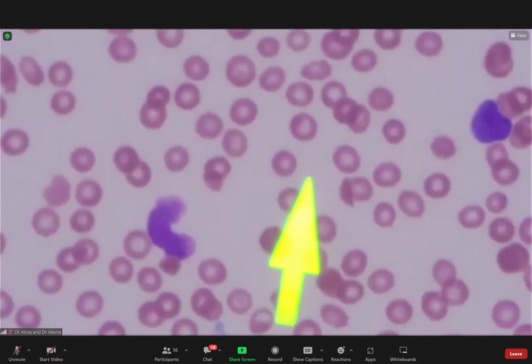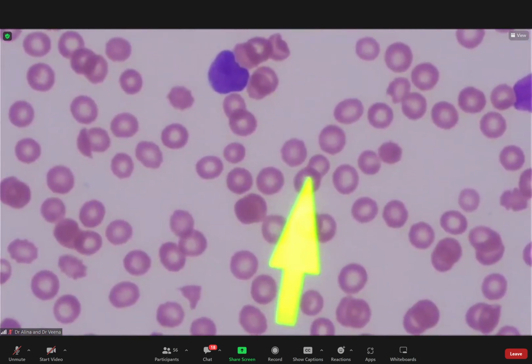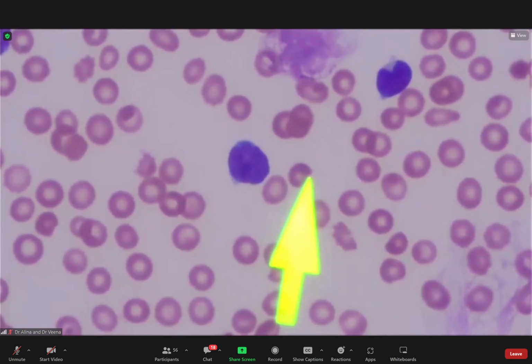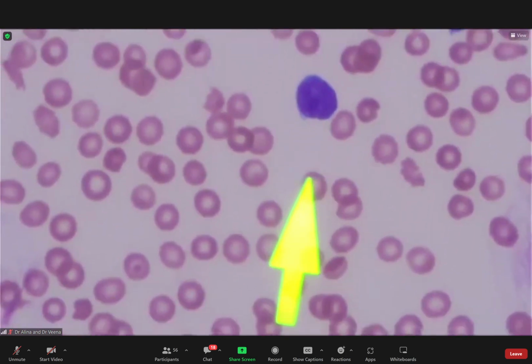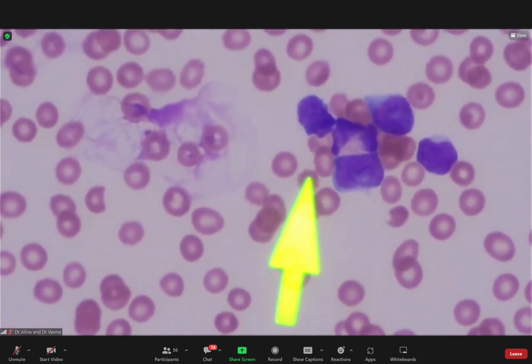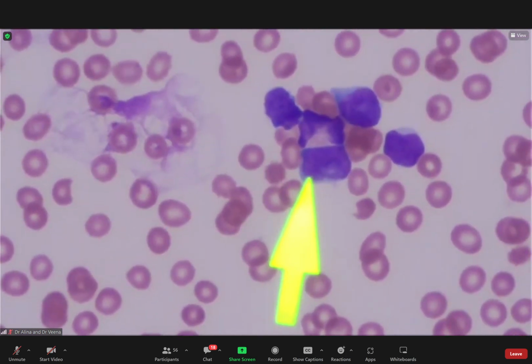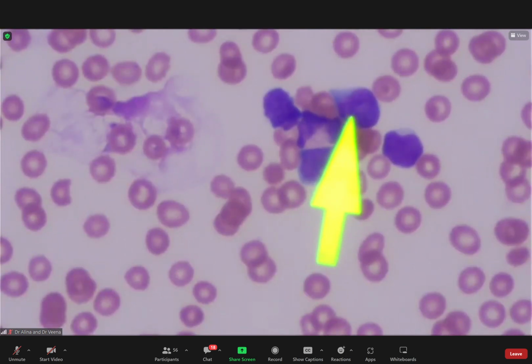But they are blasts, yeah? They are blasts. Very high NC ratio, scanty cytoplasm, slightly basophilic cytoplasm, and prominent nucleolus. So I'm surprised that a lot of participants didn't want to commit to blasts, but these are clearly blasts.